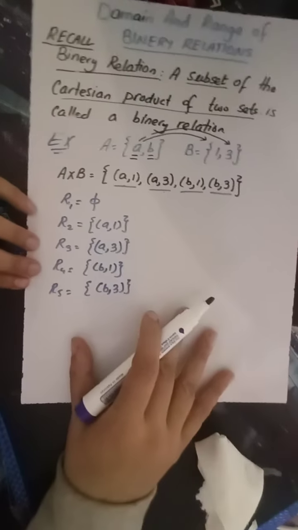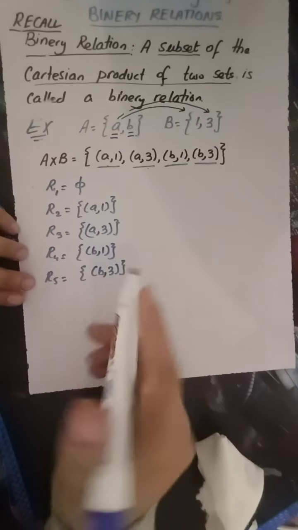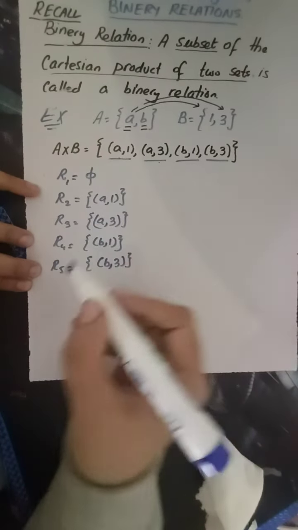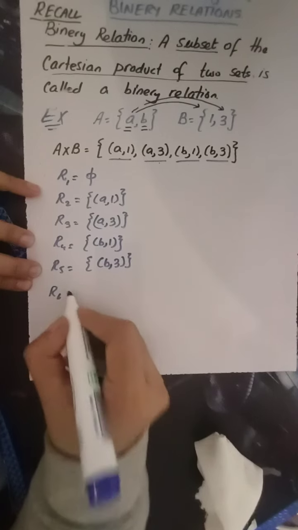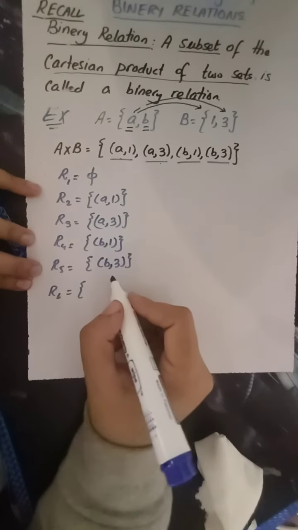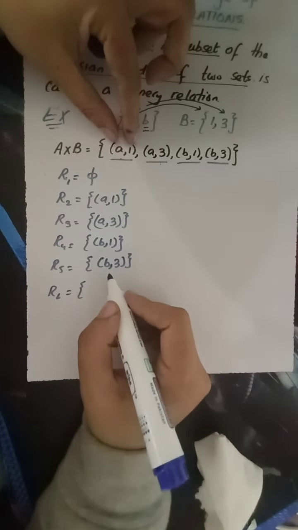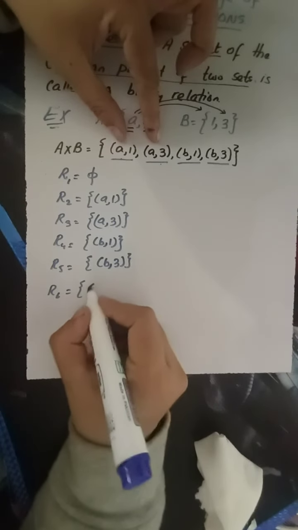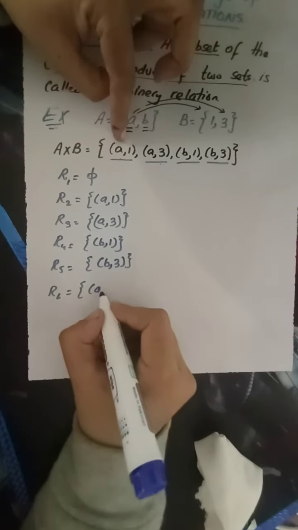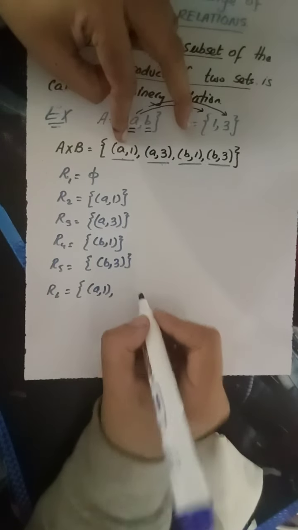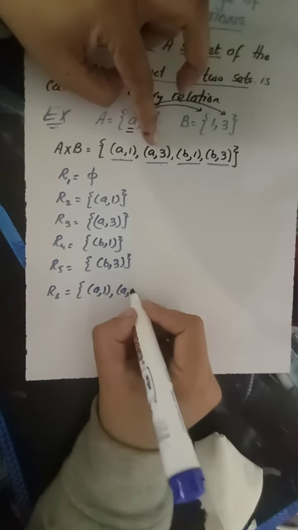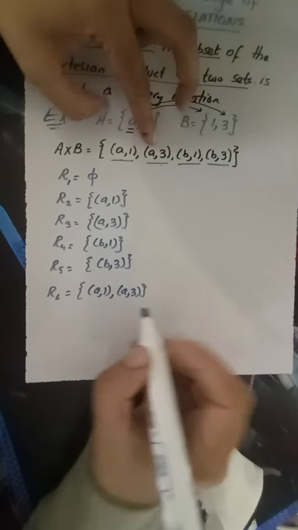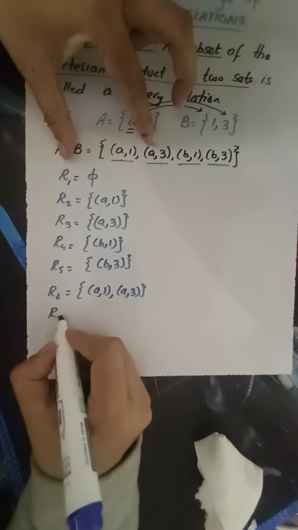You can form other binary relations also by making other subsets of this set. The next binary relations that we can form are the subsets which contain two elements, two at a time. First of all I am going to pick this element and make its subset with A3. This will be the sixth binary relation.